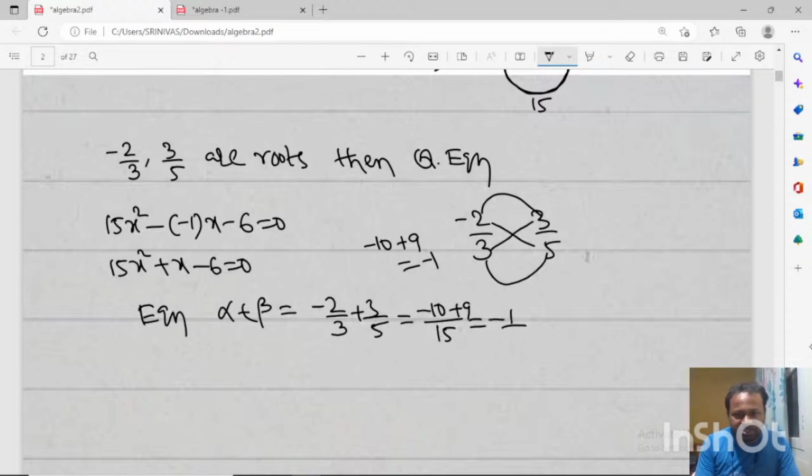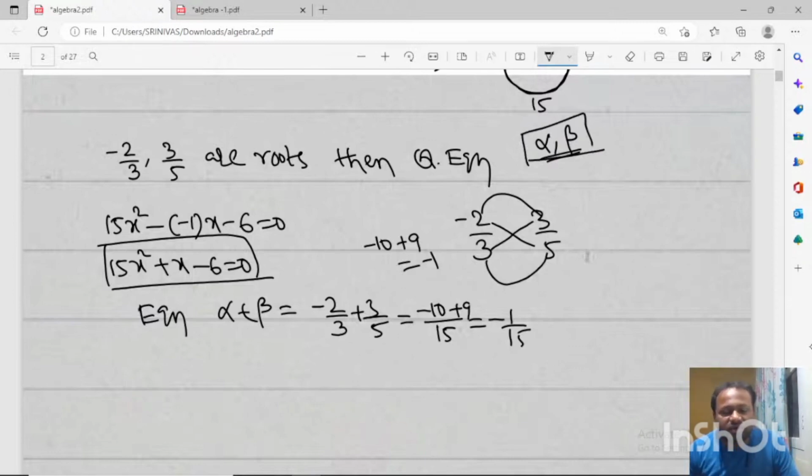Same answer we get. This will be the correct answer. So whenever roots alpha comma beta are given, you can find the quadratic equation easily.